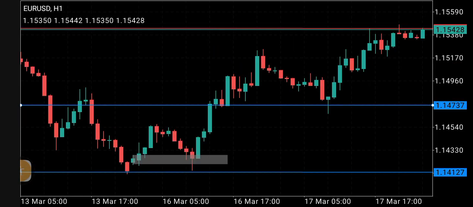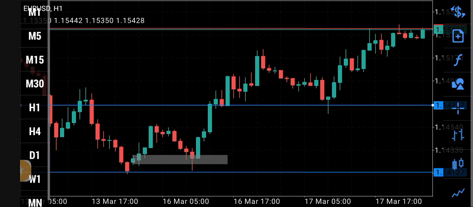This is pure Pimba rejection candle. And here now, I now have a liquidity grab. What is liquidity grab? This market was going down. All of a sudden, it reversed.